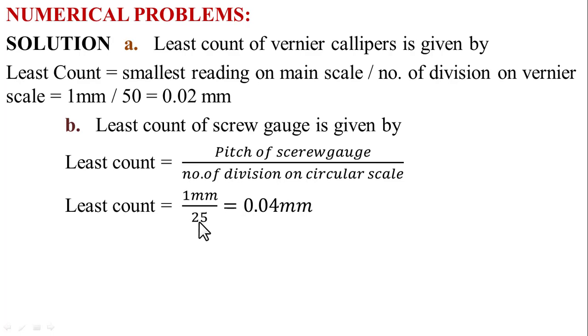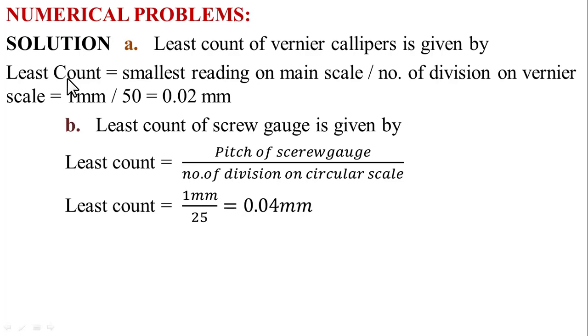So 1 divided by 25 is equal to 0.04 millimeter. So the least count of the screw gauge according to the given data is 0.04 millimeter.